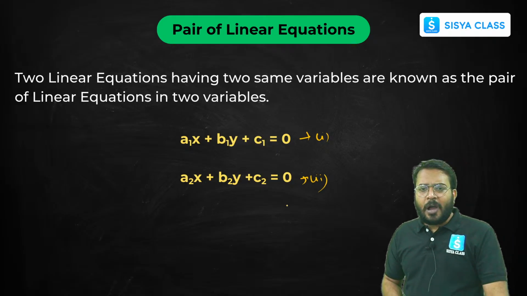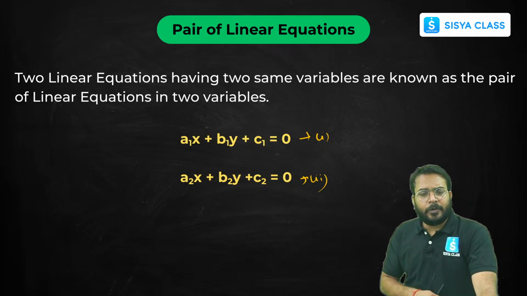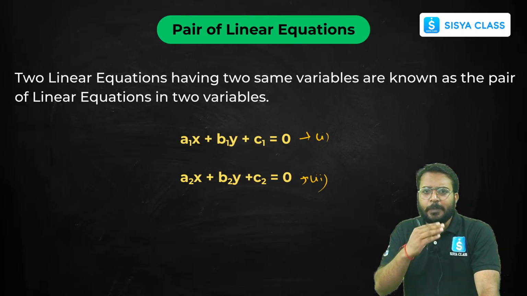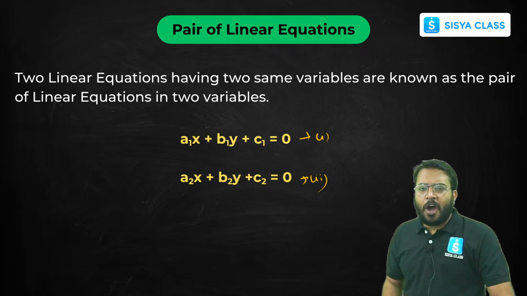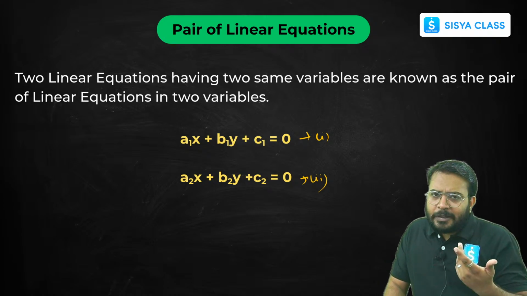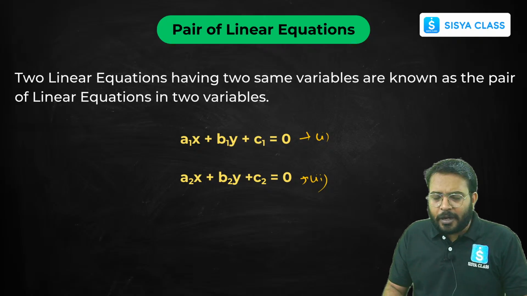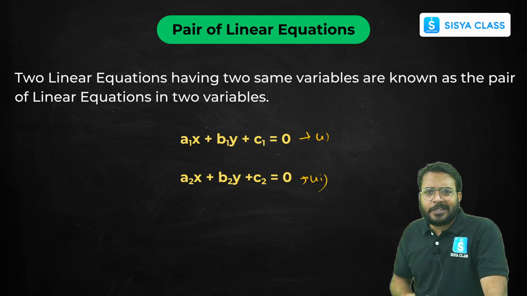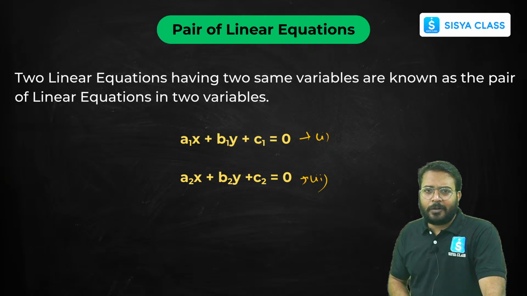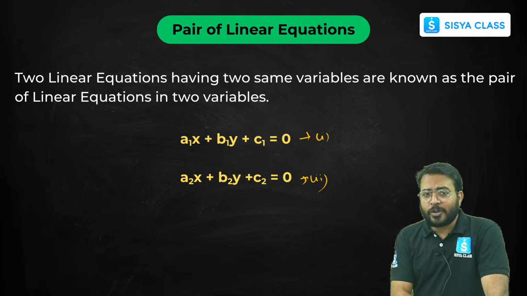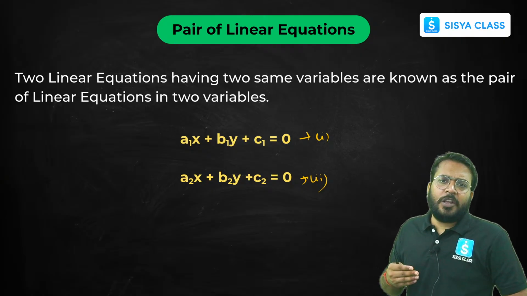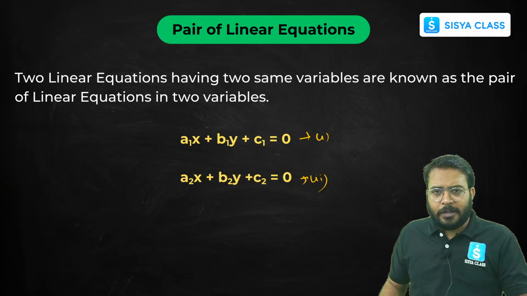In this chapter, either two equations will be given and they will ask about the consistency of the equations, whether they are intersecting, coincident or parallel. Or two equations will be given and they will ask about the values of your variables.